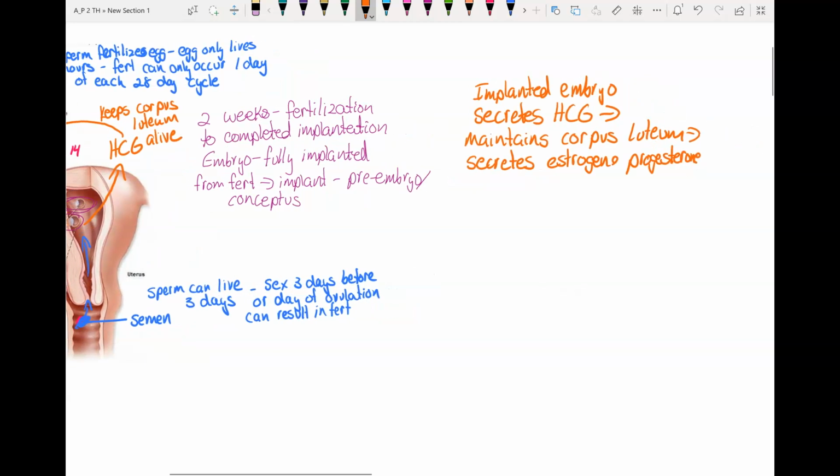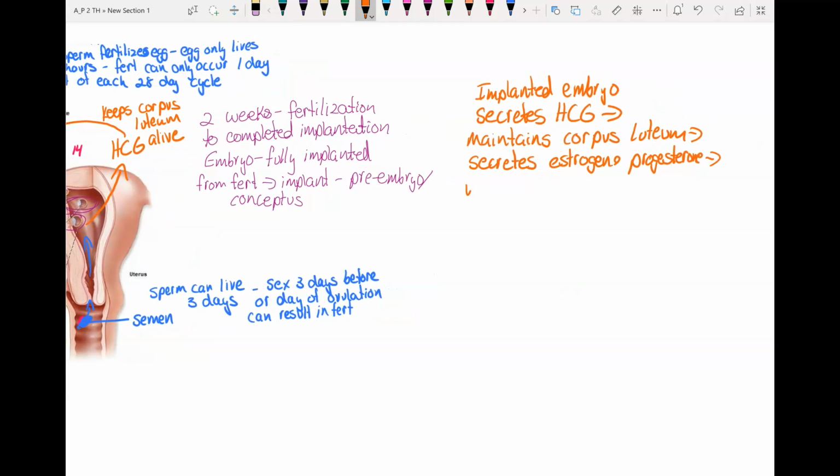And estrogen and progesterone will cause the uterus to maintain the endometrium. And as long as the uterus maintains the endometrium, you keep the embryo.